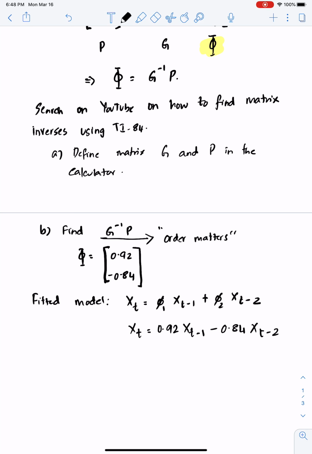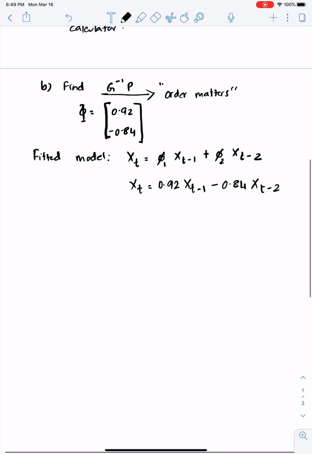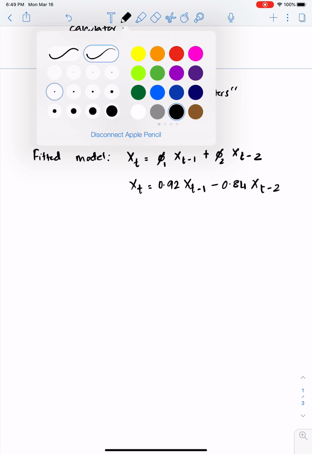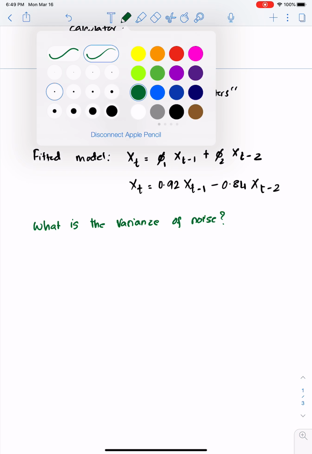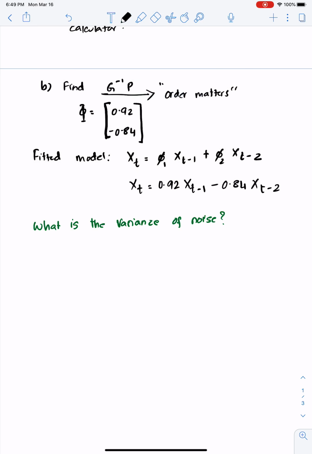And the next step in this problem is to find the variance. So what is the variance of noise? We have a derivation for the noise variance: sigma squared A divided by 1 minus phi1 rho 1 minus phi2 rho 2 is equal to sigma squared x.